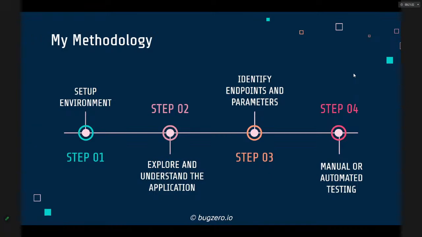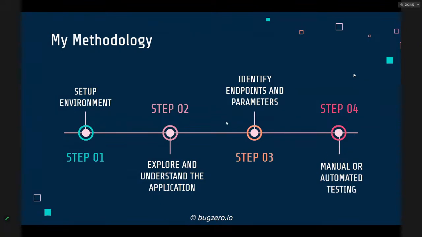Then after that, I also tend to find hidden endpoints and more parameters, because endpoints and parameters are the key point of finding IDOR vulnerabilities. And after doing that, I go for testing. So then I will go for either manual or automated testing, using Burp.